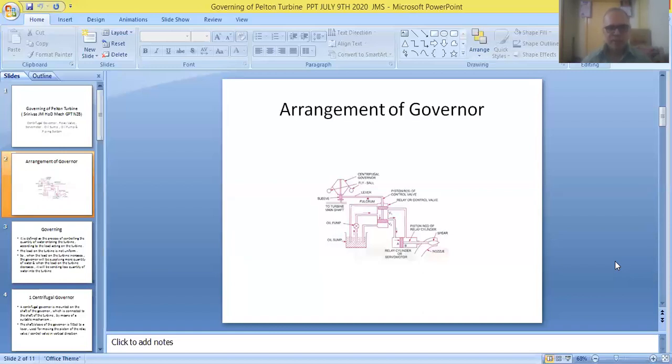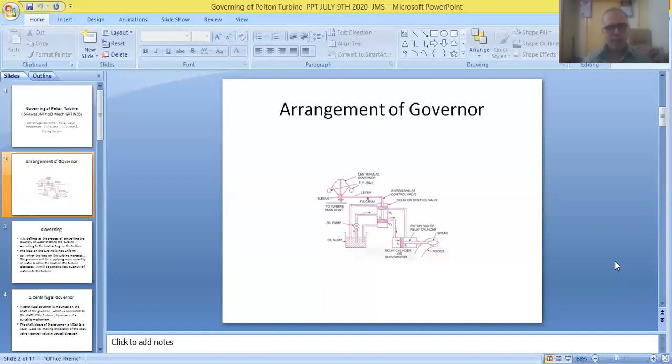So friends, this entire operation will be taking place automatically according to the load acting on the turbine. So when the load on the turbine increases, the governor will be moving the sphere in reverse direction for sending more quantity of water.